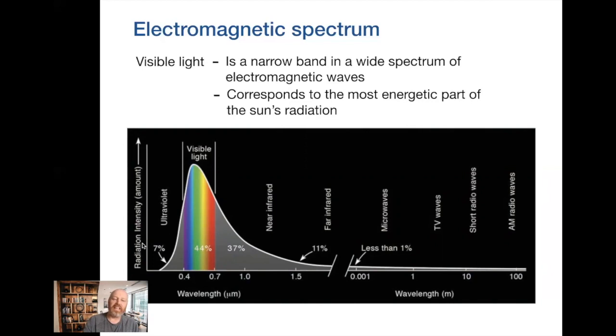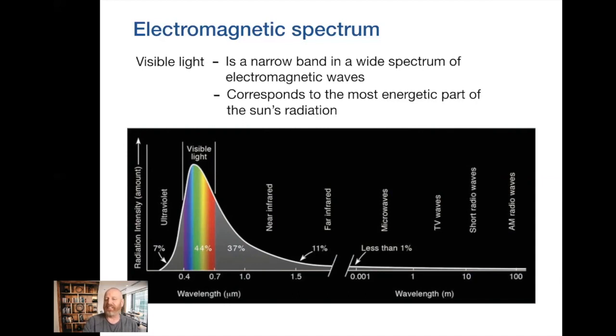On the vertical axis, we have the amount of energy in different wavelength bands. You'll notice the highest amount of energy is in the visible light band, which explains why we see in visible light. There is 7% or so of the energy, from the sun in this case, in the ultraviolet, so smaller wavelengths than visible light.